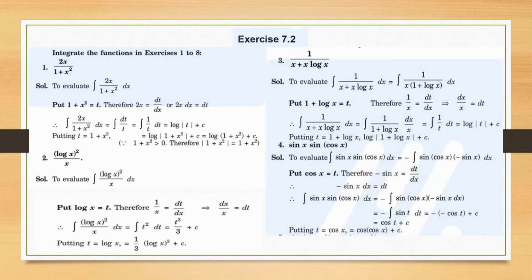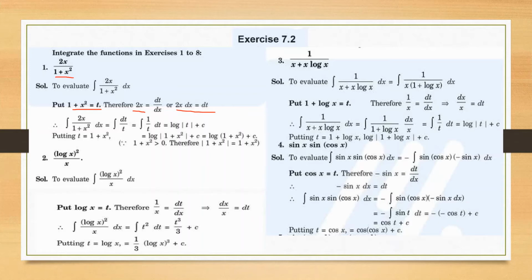Now start observing. 2x upon 1 plus x square. You can see breaking of the numerator is not possible here. You cannot put any direct formula. But if 1 plus x square is substituted as t, the derivative gives 2x dx equal to dt. With respect to x we are differentiating, so 2x equals dt by dx.